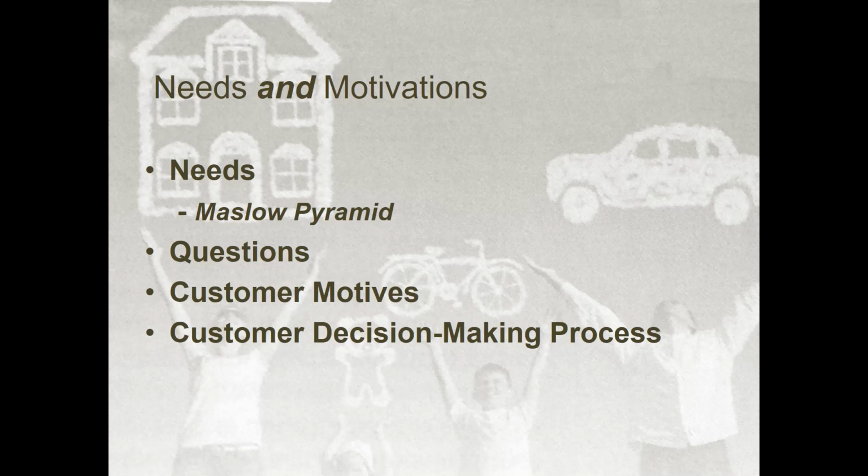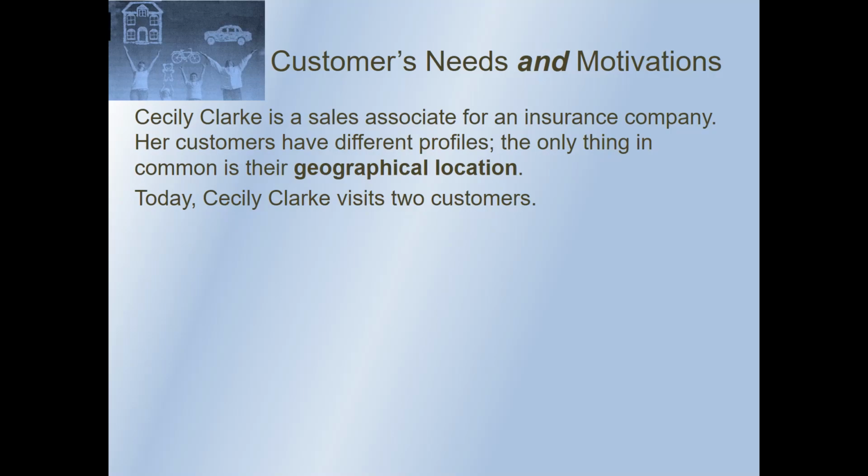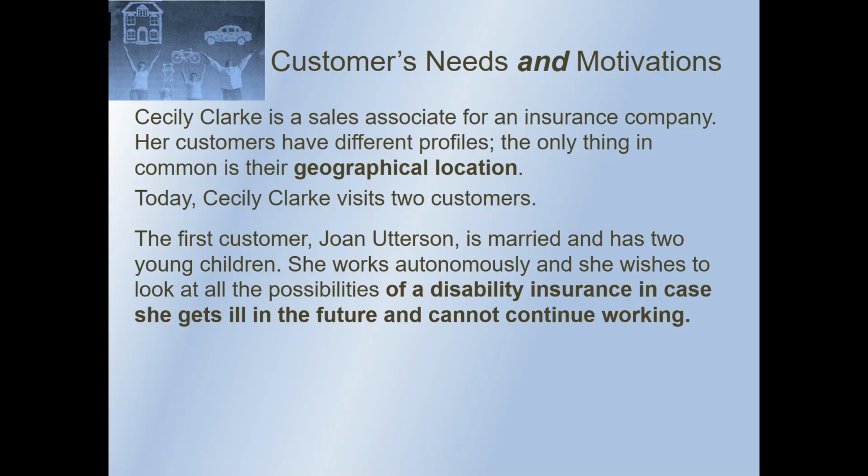We're going to look at needs, and specifically the Maslow pyramid, and that will be the main thing. In other videos we're going to add questions, customer motives and the customer decision making process. These last three we will look at in a separate video. So just today we're going to look at needs, and specifically the Maslow pyramid.